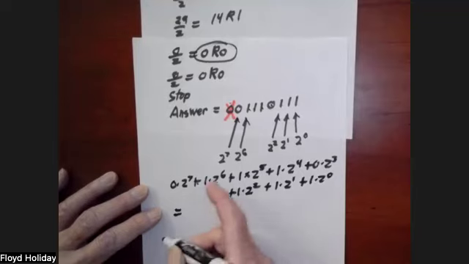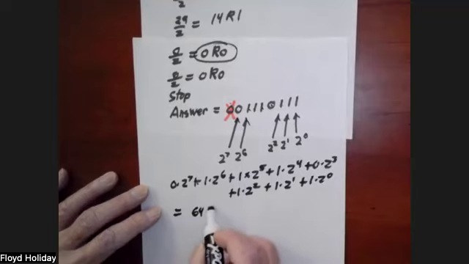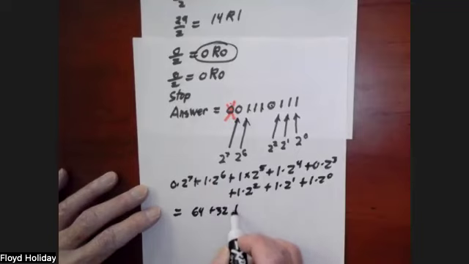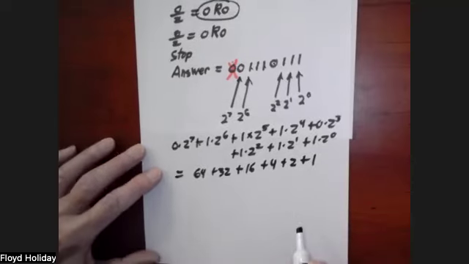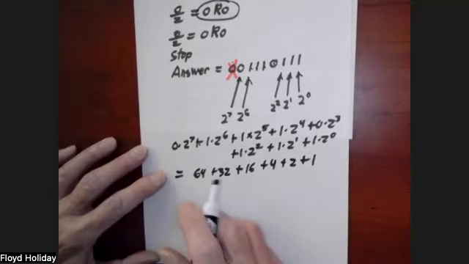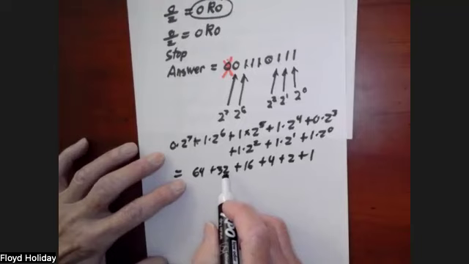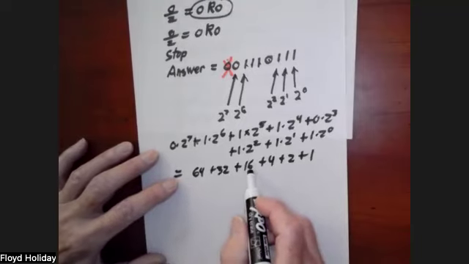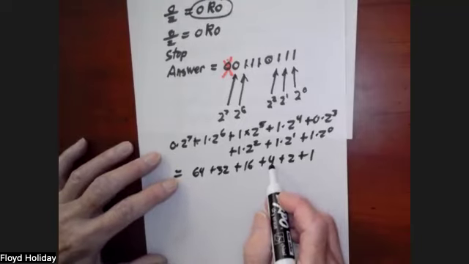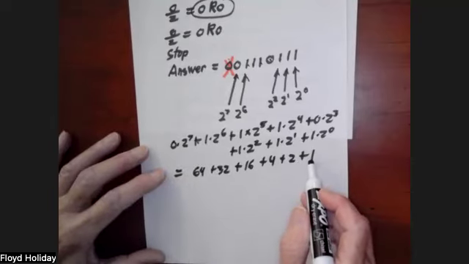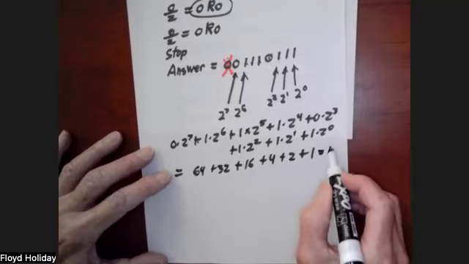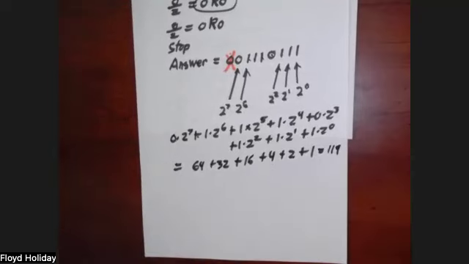That is 64 plus 32 plus 16 plus 4 plus 2 plus 1. 64, that's 96, 112, 116, 118, 119. That's it. Okay, it's a check that the algorithm works.